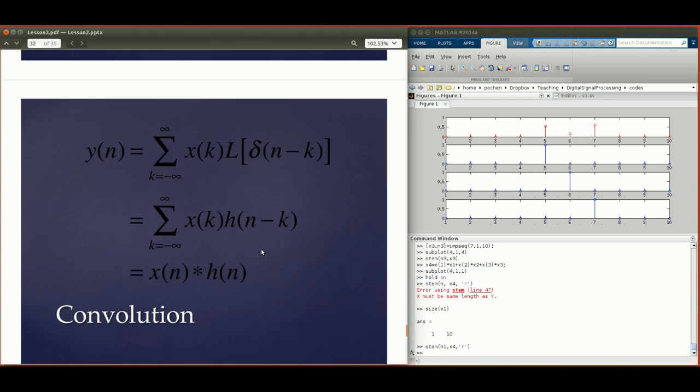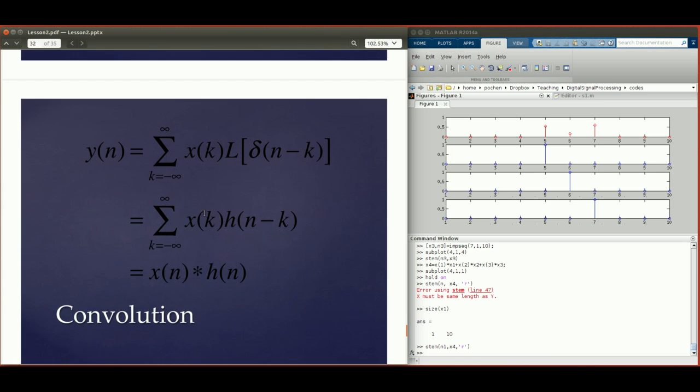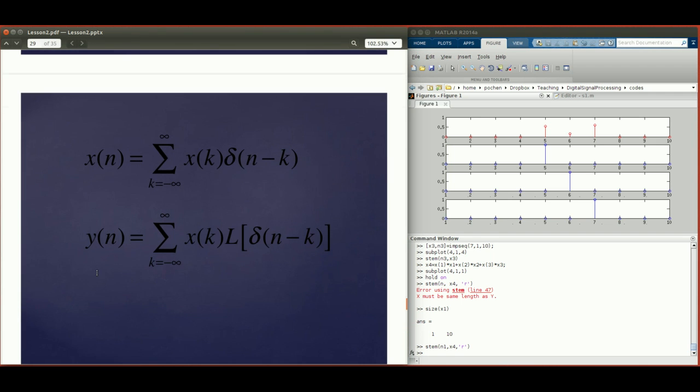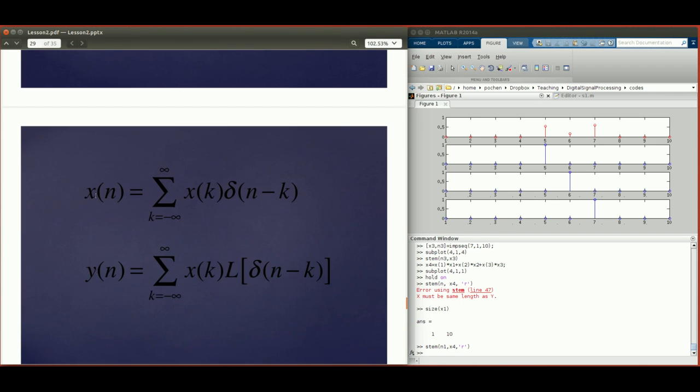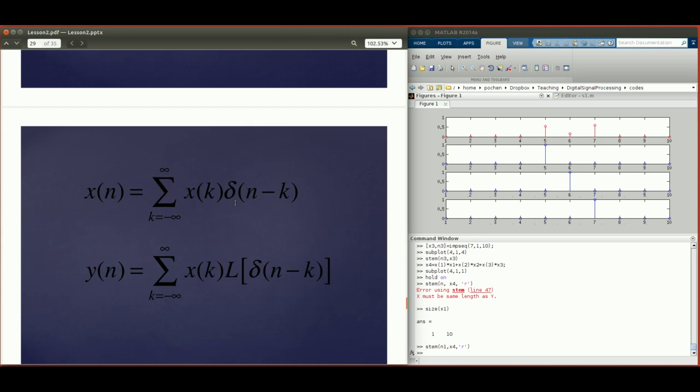And now let's put things together and try to understand what convolution actually is. In the previous slide, I showed you that the input xn can be expressed as a linear superposition of delta sequences, or impulse sequences, with some weights. If the system is linear, and you apply this linear system L onto the input signal xn, you can carry L to the impulse sequences.